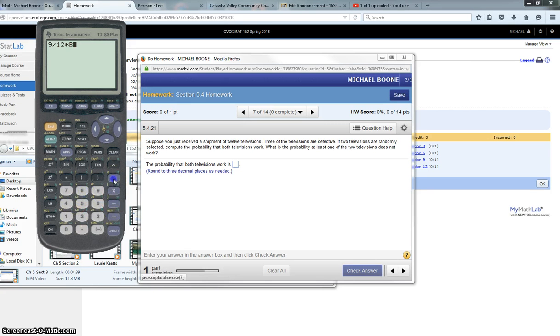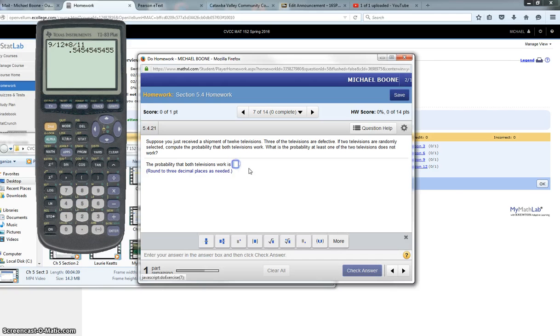It's 8 out of 11. So based off of the first selection, my probability changes for the second. And so this should be that both work, 0.5455, rounding to 3 decimal places, should just be 0.545.